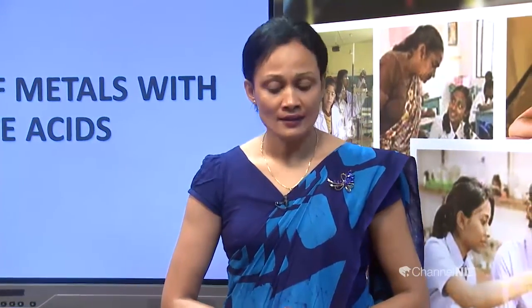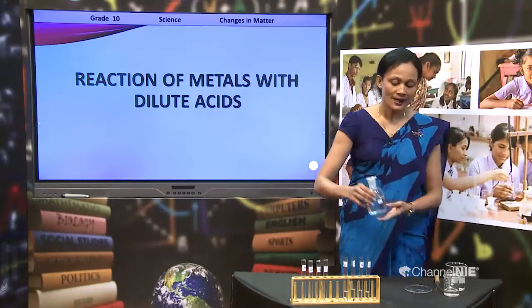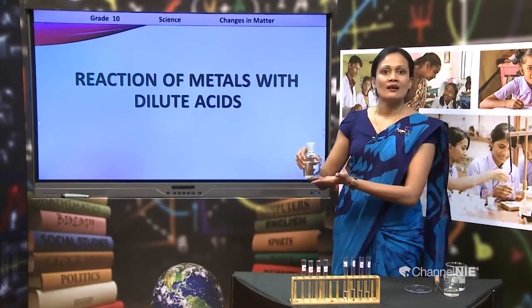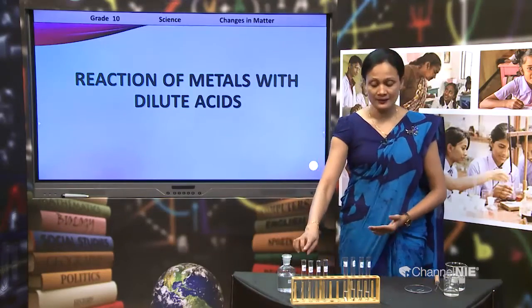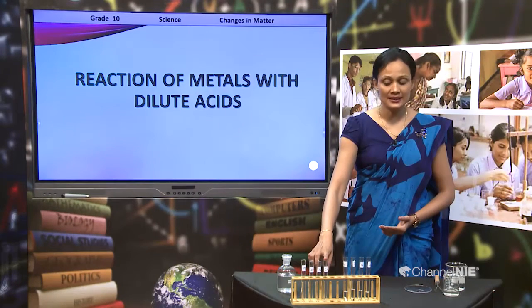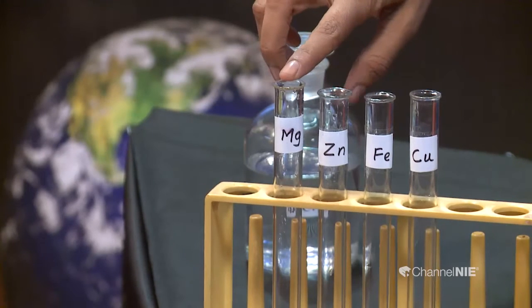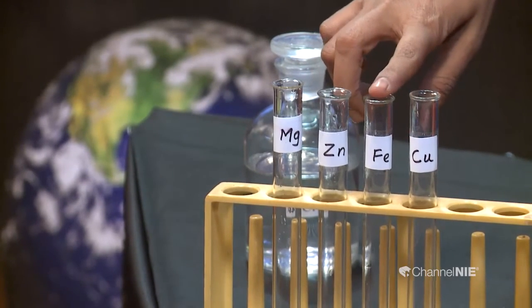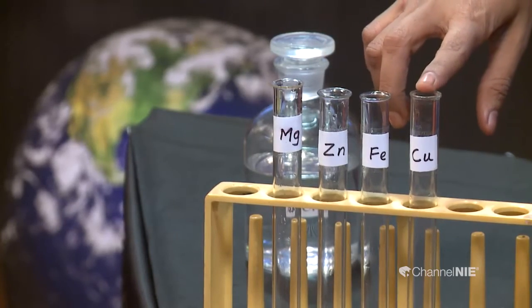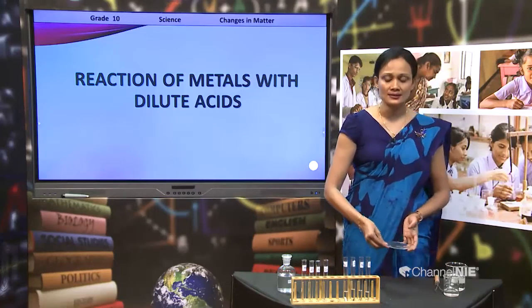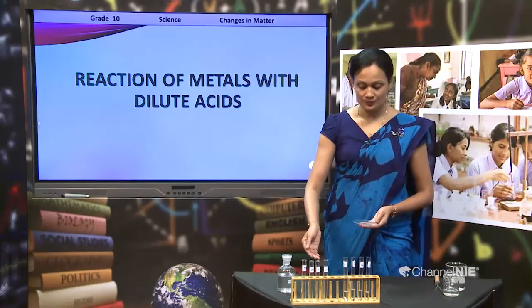But here I used hydrochloric acid, a colorless solution. Then here I got 4 test tubes labeled magnesium, zinc, iron and copper.